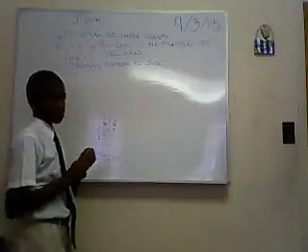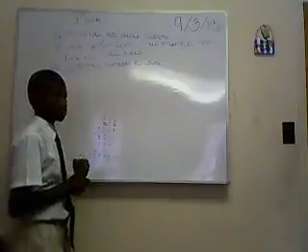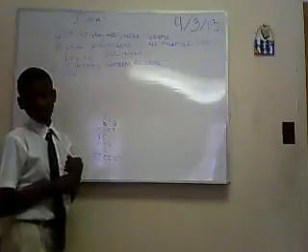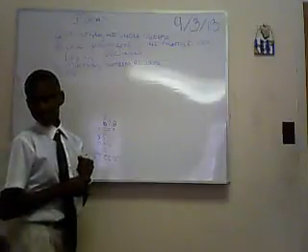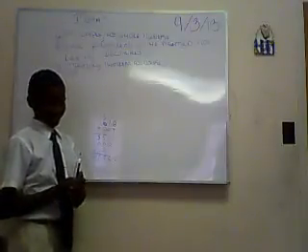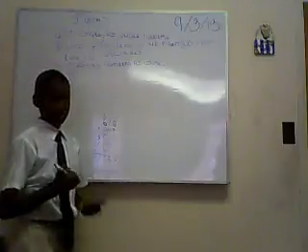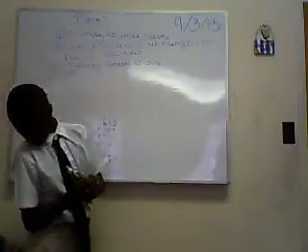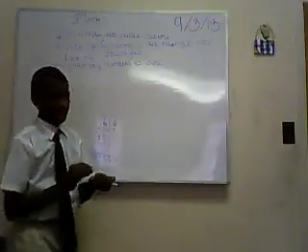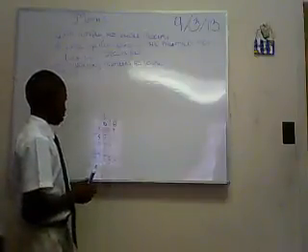Anyway, 61.8 times 0.09 is 5.562. Okay. How many decimal places are in the first number? 3, I mean 1.